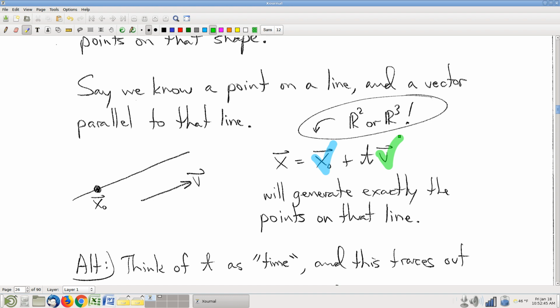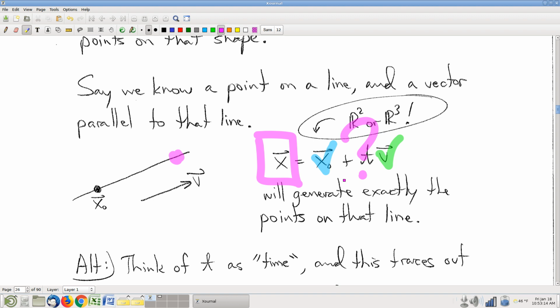Likewise, the parameterization, while it does generate and make points, it doesn't test. You can't plug in some x and then ask immediately whether or not this works. I don't know, how would I find the t? It's not clear. That's not what this thing is about. It serves an entirely different connection between algebra and geometry.